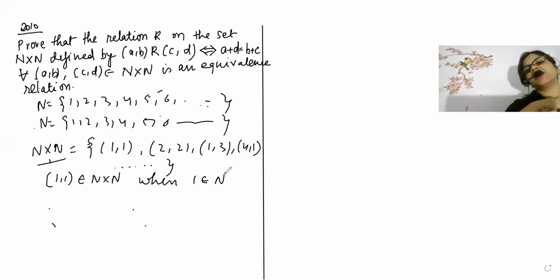N cross N means Cartesian product, beta. The individual numbers belong to the set of natural numbers, but when you do the Cartesian product of natural numbers, the ordered pair becomes the element, an element of N cross N.